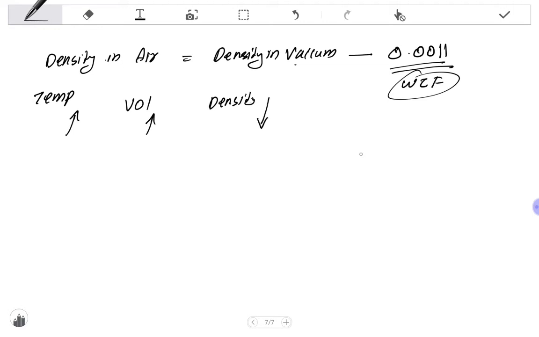Okay, so density is mass divided by volume. So as the volume part increases, density will reduce, because the entire ratio has to remain constant. If this increases, this has to reduce.